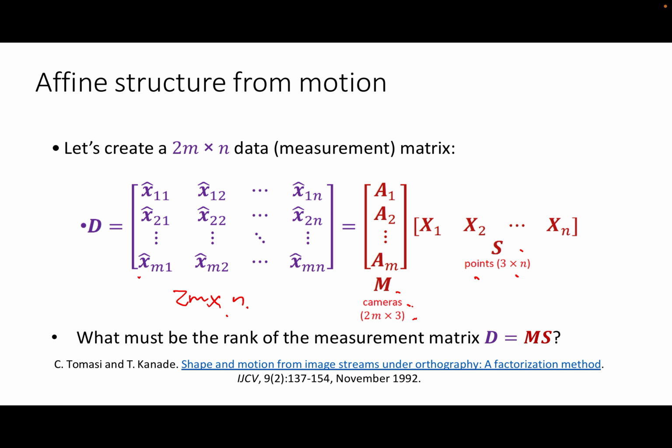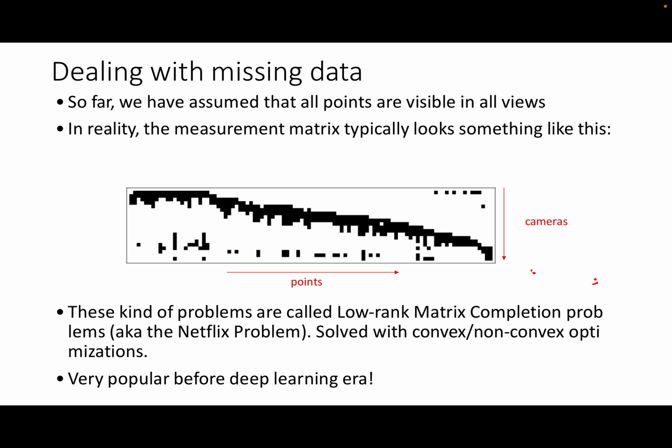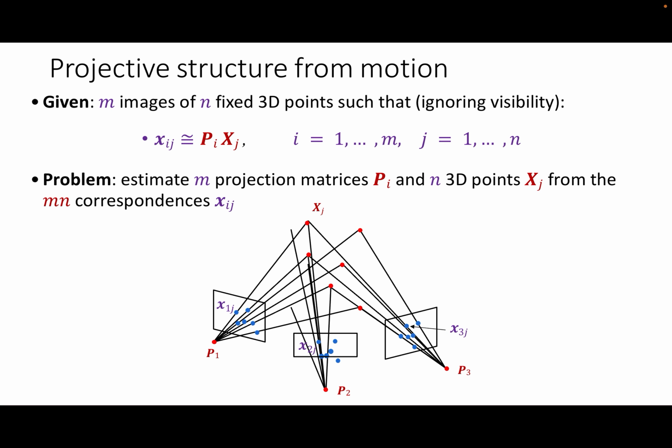So let's go to projective SfM, and let's recap the SfM. The goal is the same, just from mn correspondences, 2D matched 2D points, m images of n fixed 3D points such that xij equals Pi Xj. The problem is to estimate m projection matrices Pi and n 3D points Xj from the mn correspondences xij.